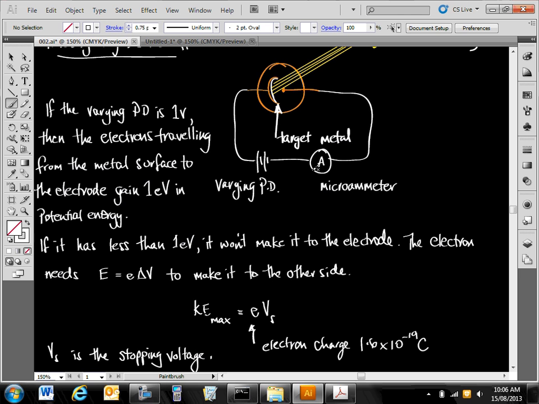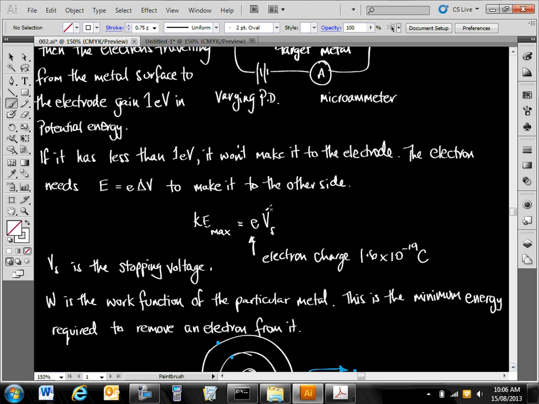If it's reading a current, then the electrons are making it across. At the moment where it's reading a current and then we turn up this potential difference and it's not reading a current, that's the stopping voltage. That's the moment at which we manage to stop the electrons from reaching that electrode. And the stopping voltage is related to the maximum kinetic energy of the electrons.